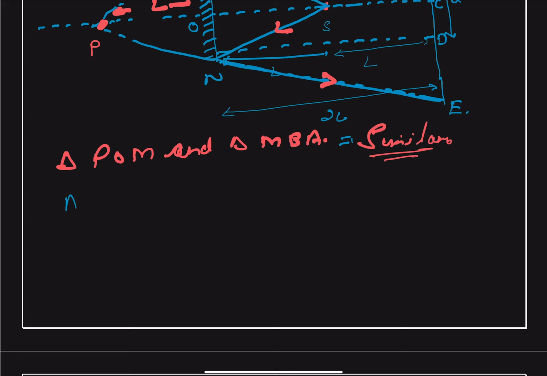So we can write the ratio AB to MB will be equal to the ratio MO to PO.